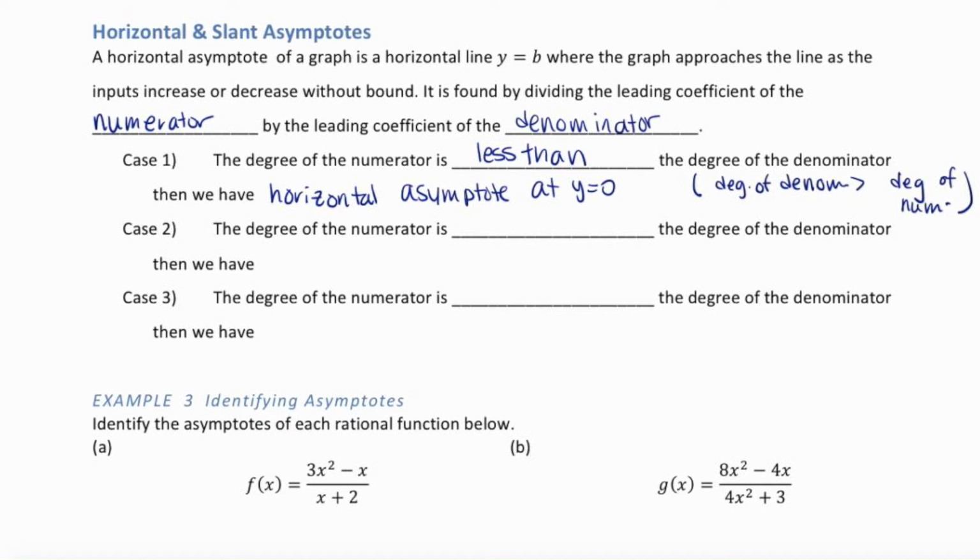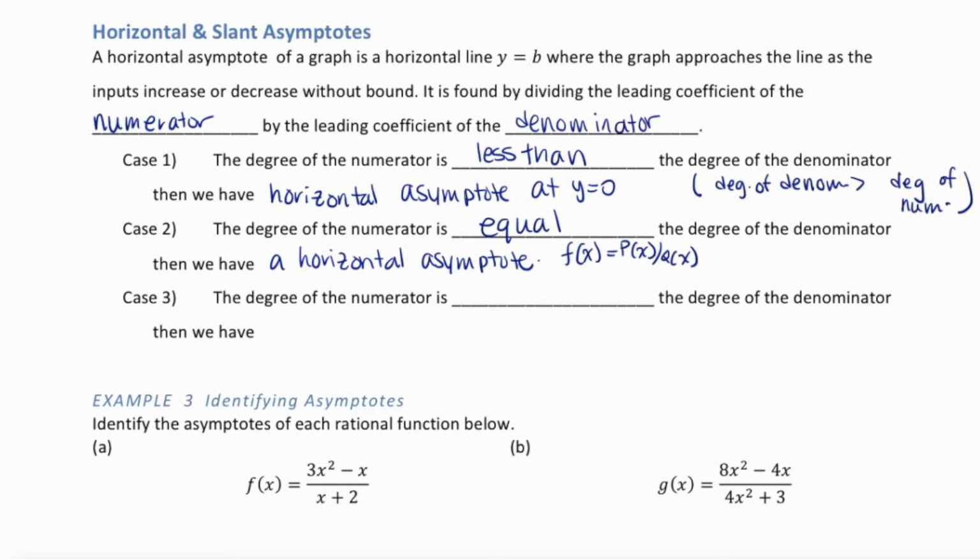Case 2, the degree of the numerator is equal to the degree of the denominator. Then we have a horizontal asymptote. Now recall, we defined f of x as p of x over q of x.